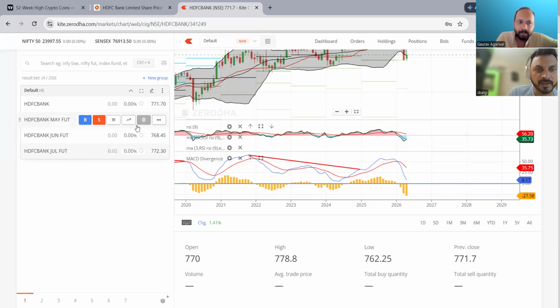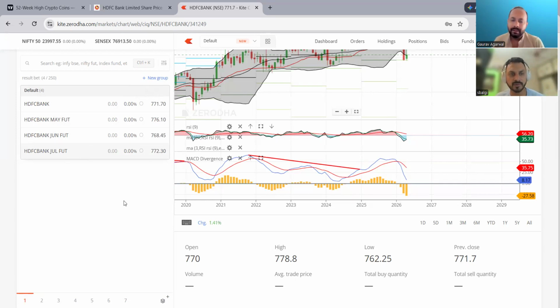So why is it like that? The June there is 768. Is that the prediction? The traders have done some contracts like that, the current price of June will be trading around 768. So they are thinking that the price should go to 768 in June.